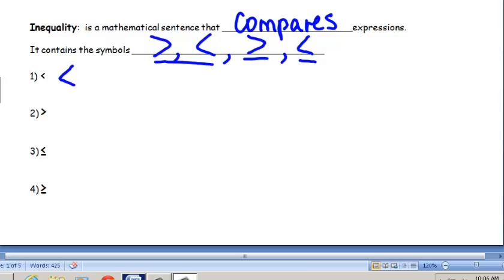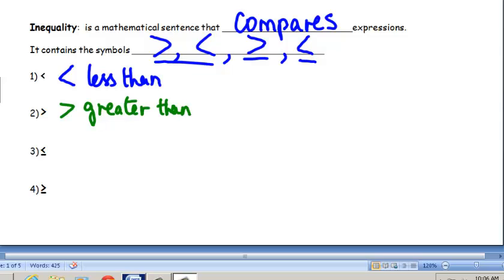This is a less than symbol. We all know about that. The next one is a greater than symbol. We all know about these two from before. Now, the other one that we know in math is this, which means equal to.